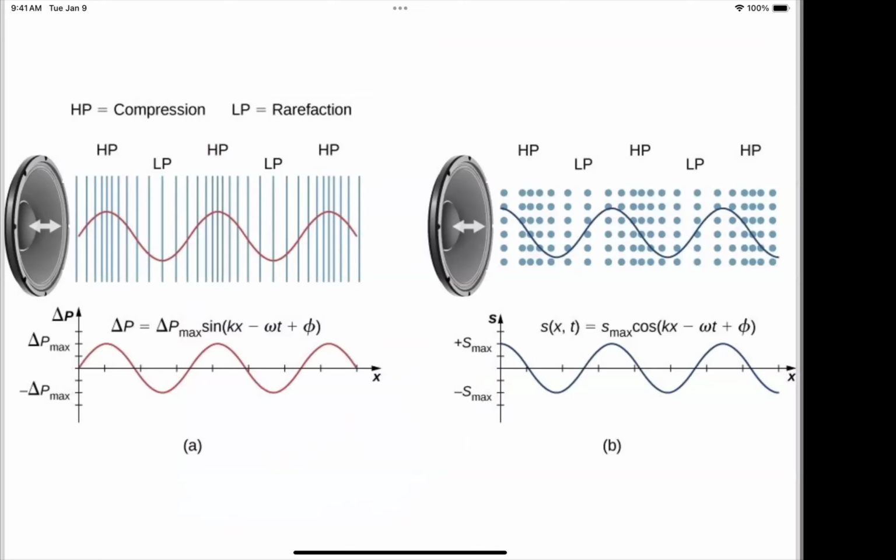But ultimately, each one is shifted from the other by 90 degrees, or pi over 2 radians, which means that one of them is going to be defined in terms of cosine and the other in terms of sine, because if I shift one of them by pi over 2, that just brings it to the other one. Again, the amplitudes will be different because the displacement won't be the same as the change in pressure. But those two are going to be strictly related to each other.